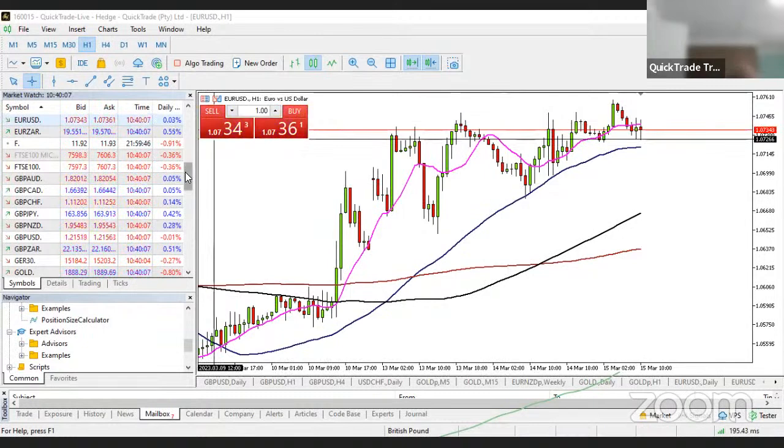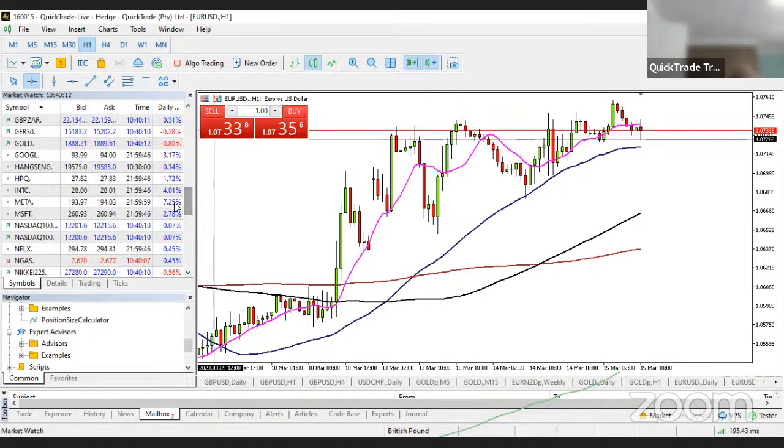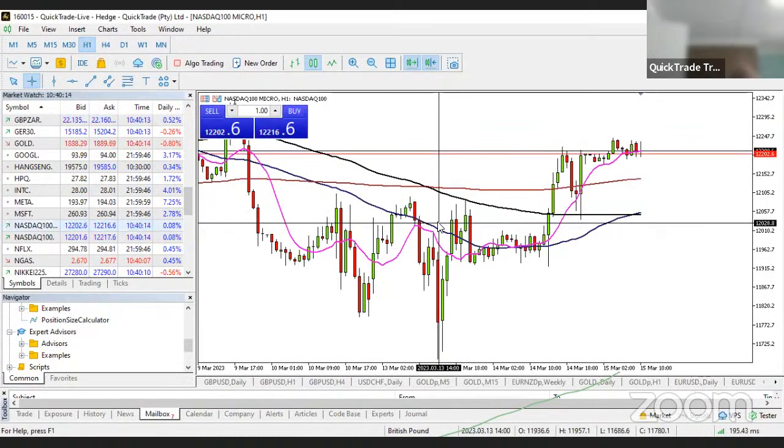Okay, so there we are. The NAS, some people got to buy on the NAS. I'm a bit nervous about anyone buying it. Be careful. The guy just says he can't find the INTC on the watch list. Anybody else having a problem with that? Because I'm not quite sure why.